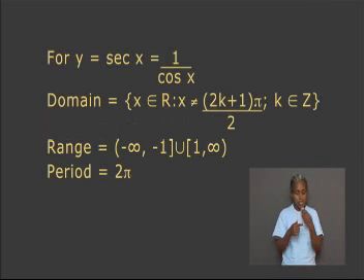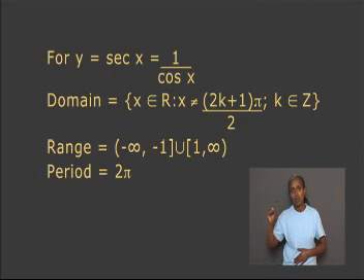Since the secant function is the reciprocal of the cosine function, the domain must include values of cosine x that do not equal 0. For the secant function, the domain is the set of real numbers, excluding the odd integral multiples of pi over 2.